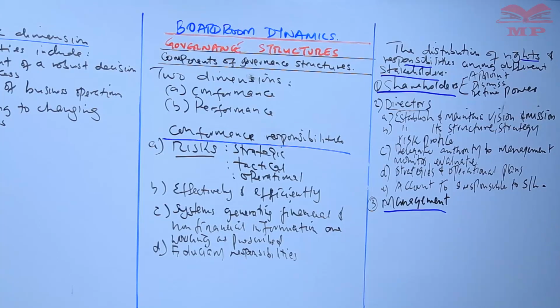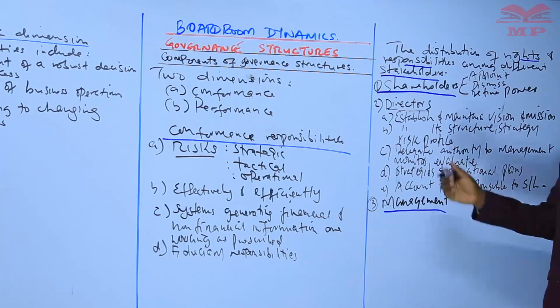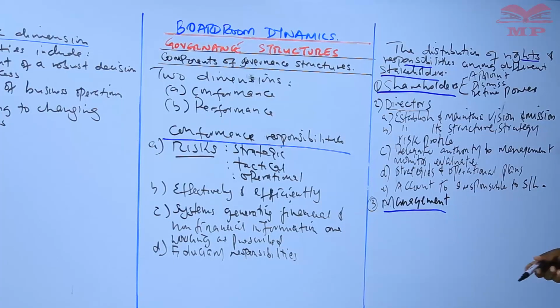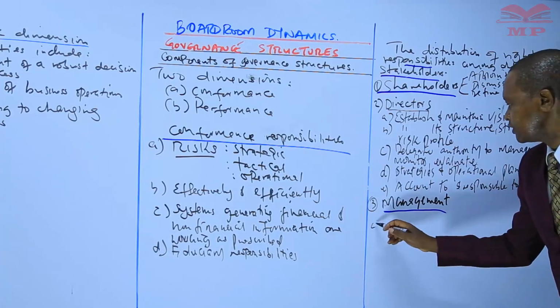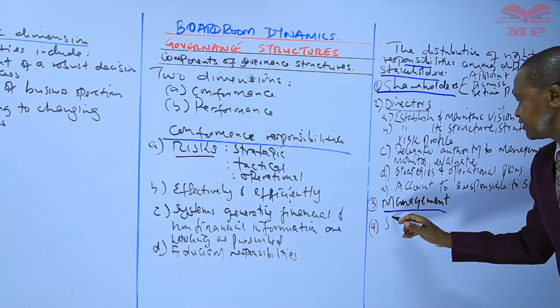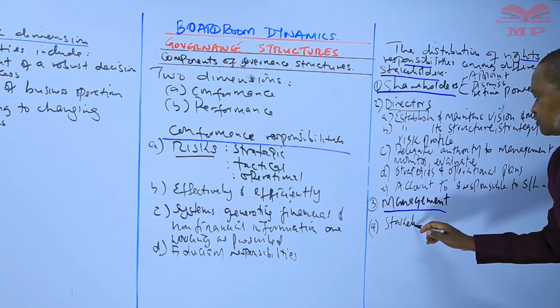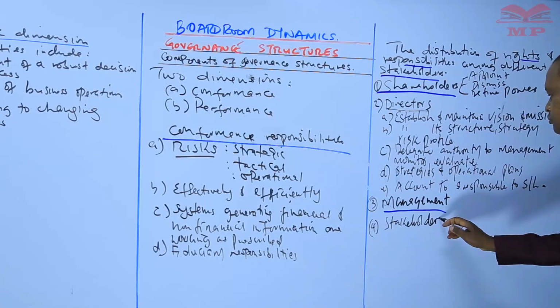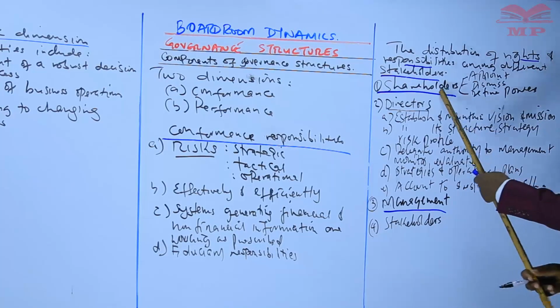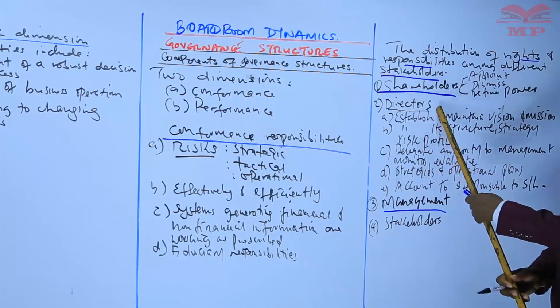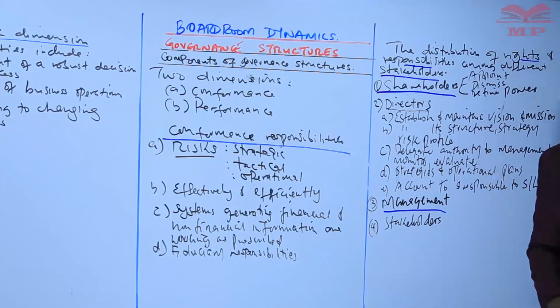Then we have the last, number 4, other stakeholders. Other than the shareholders, the directors and the board and the management, there are other stakeholders.